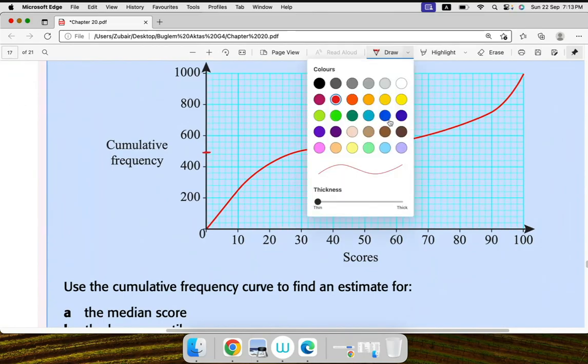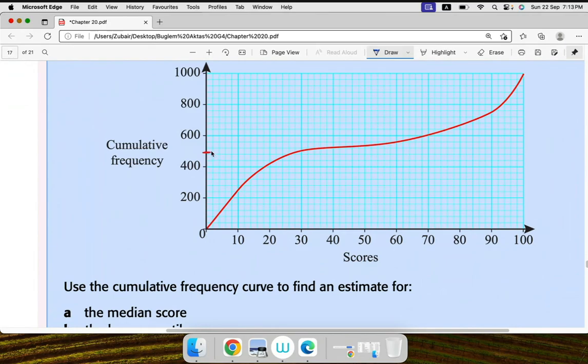So it strikes right here, and I think this is 29. Or maybe it strikes a little ahead. Let's make it 30.